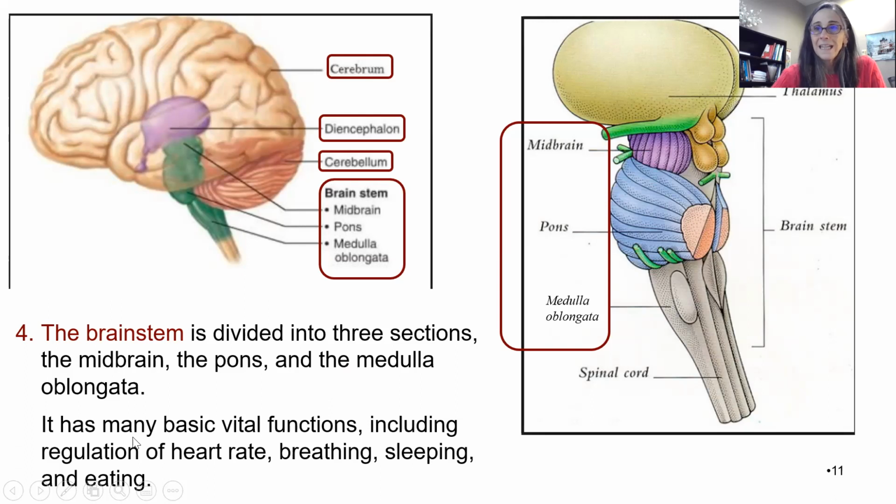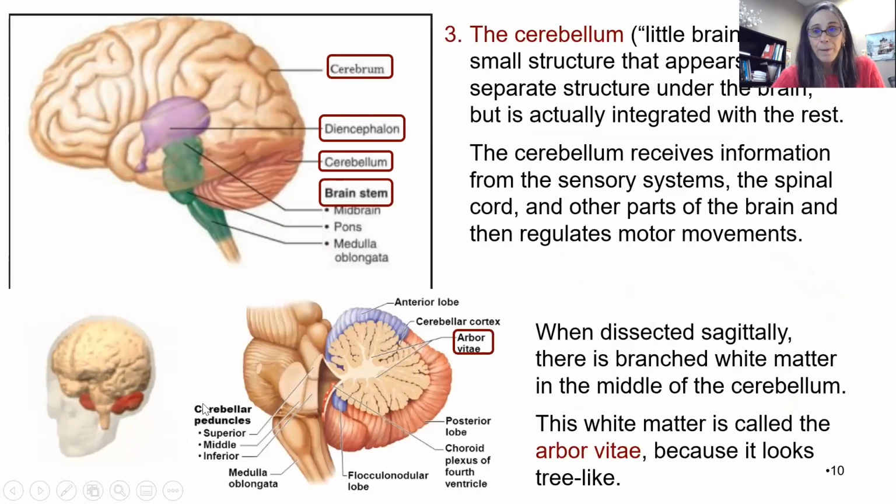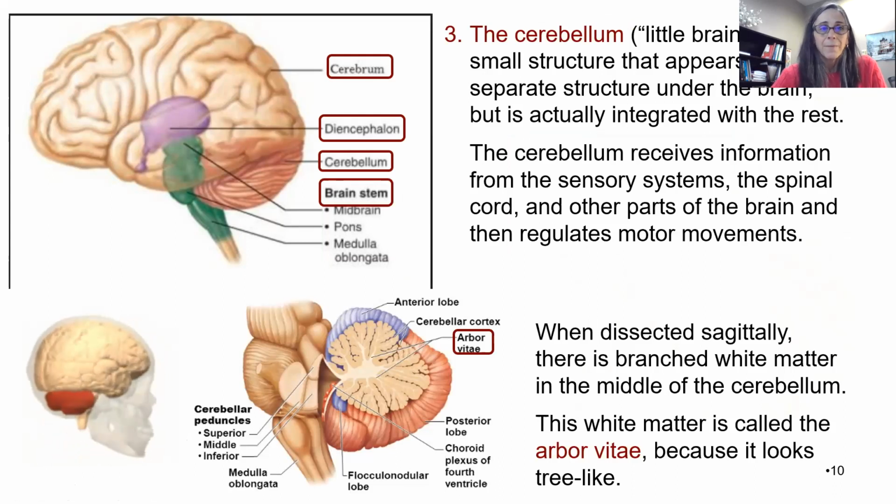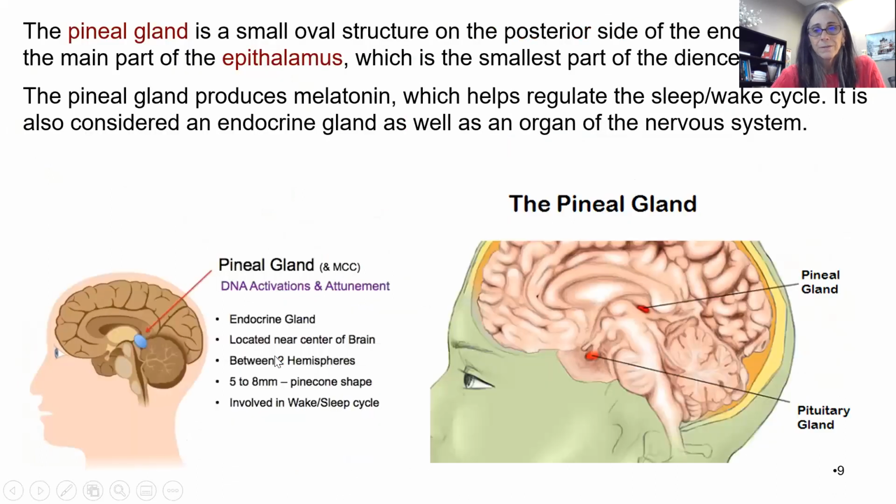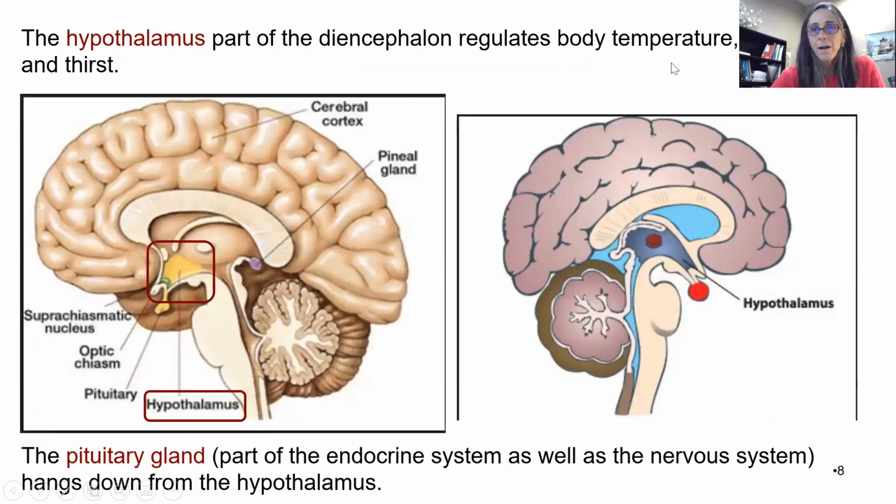So the key to answering the question properly on the test is that you know that the basic vital functions are controlled by the medulla oblongata. And important functions are controlled by the hypothalamus.